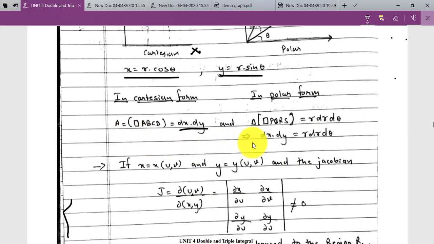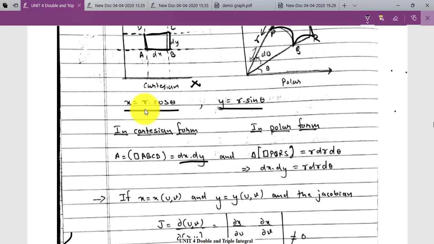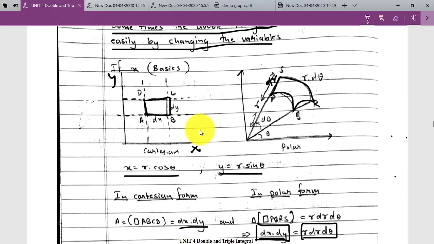So when the transformation takes place, dx dy can be written as r dr d theta.